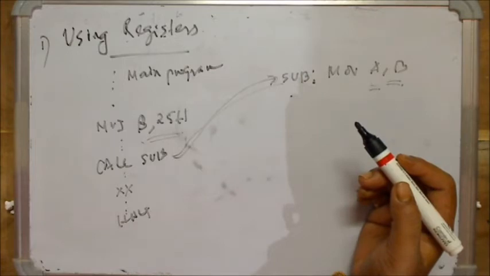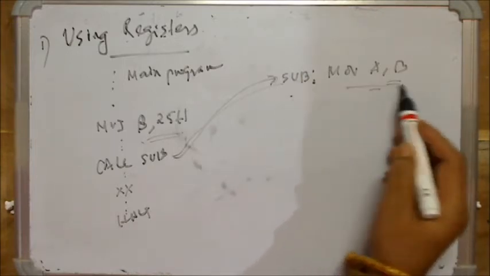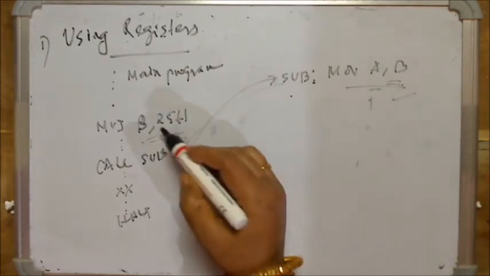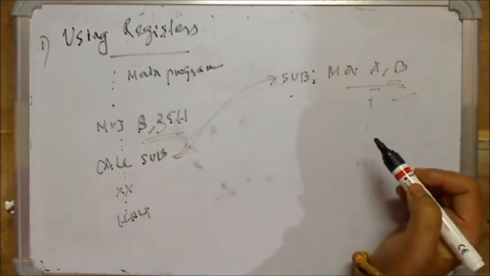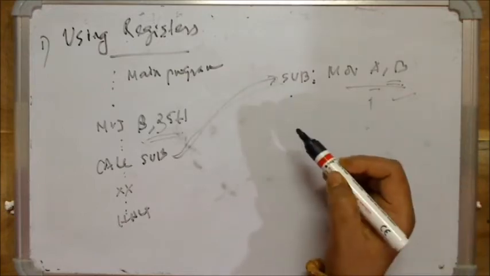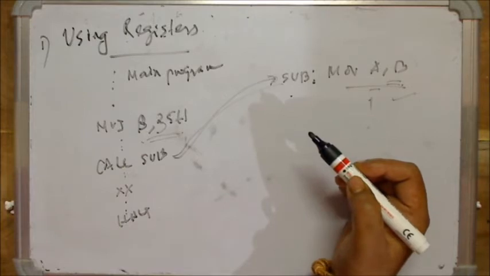Here you will find the factorial of 25, but if you write MVI B, 35H, you will find the factorial of 35H. So that is the method of passing parameters using registers.